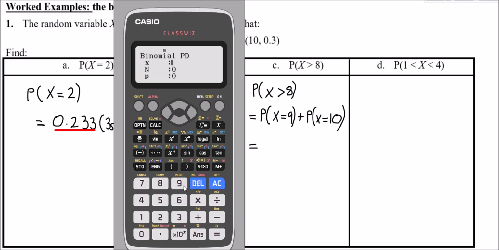So we want 9 successes from a total of n, which is 10. The probability of each success is 0.3. Press equals and equals again. This is minuscule. So 0.000138, rounded to 3 significant figures.